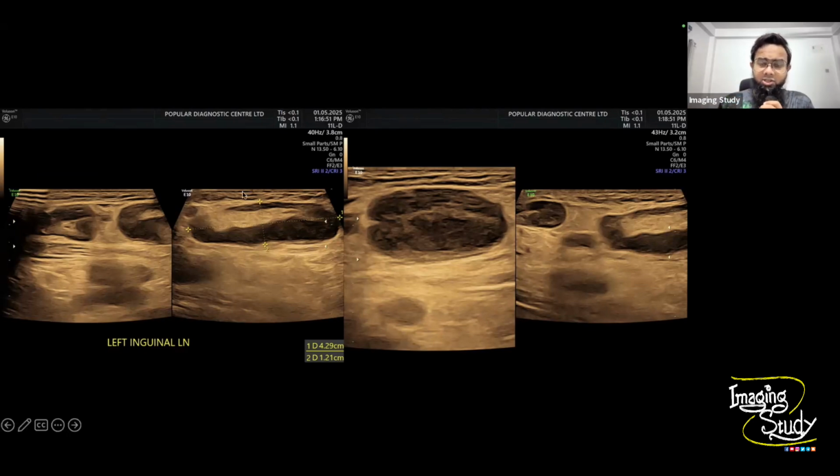This large lymph node located in the left inguinal region is showing an enlargement, and also you can see this echogenic fat inside the lymph node is well maintained. So this is nothing but a left inguinal lymphadenopathy, which is not a very uncommon case, obviously.